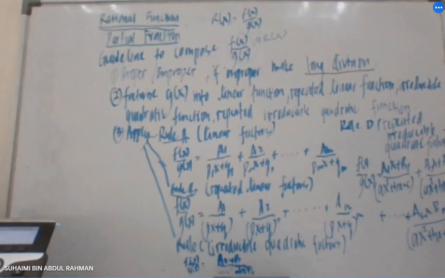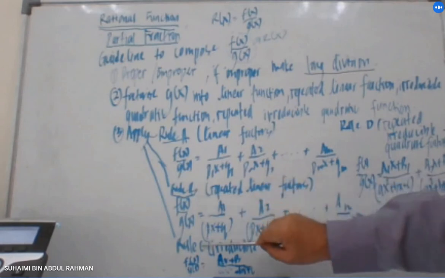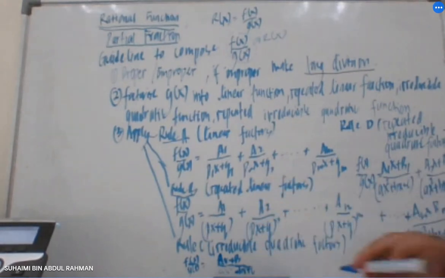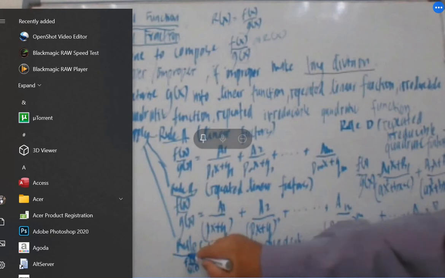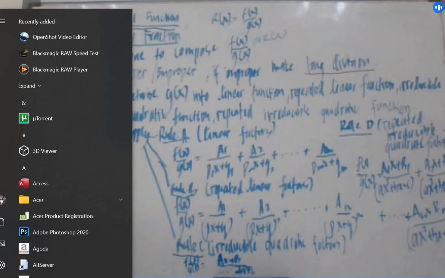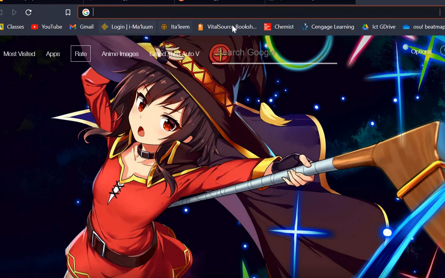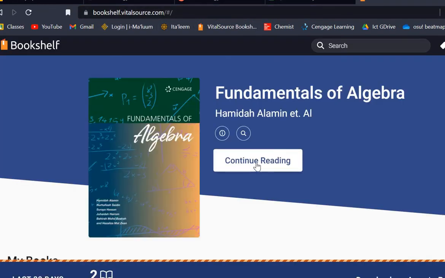All the rules A, B, C, and D are inside your books. I don't know the name of the book, I think pre-calculus, right? Mathematics for Calculus.